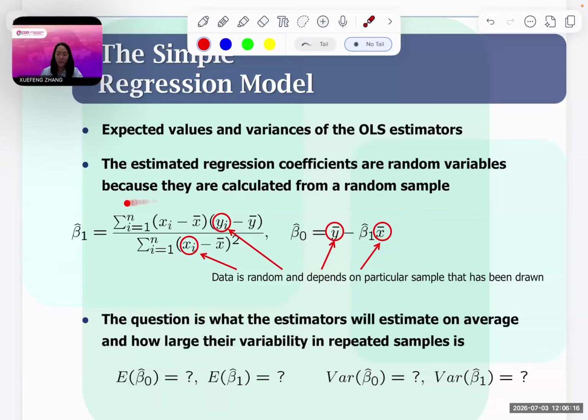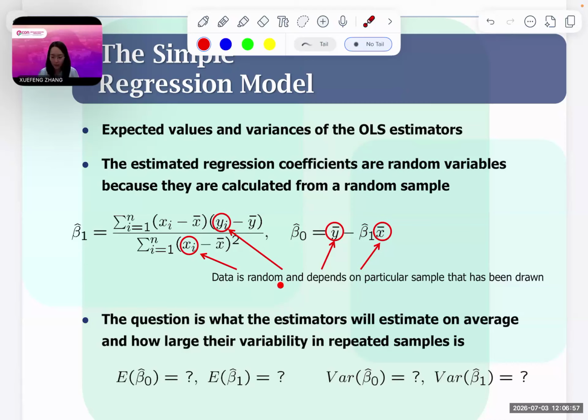Those are the formulas for the OLS estimator that I showed you before. And for bachelor level, we don't ask you to derive it, to prove how we get it, okay? Just try to get familiar with those two formulas. This is the formula of OLS estimators. And xi, yi, this is our data, this is our sample, and y bar, x bar depend on our data, depend on the sample, okay?